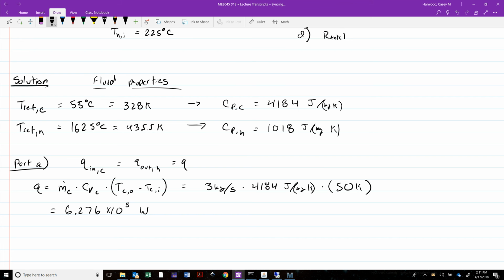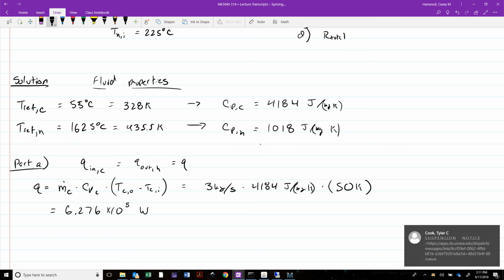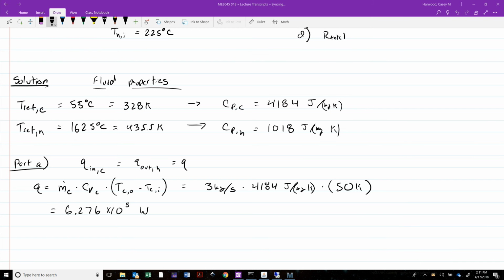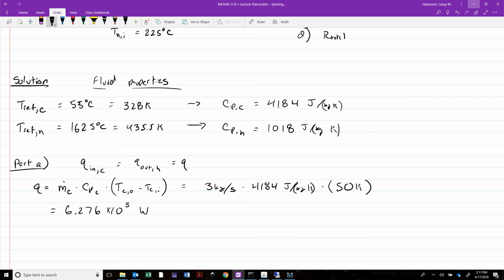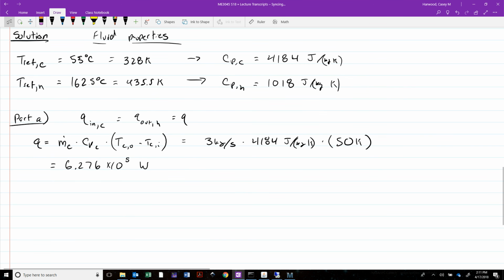We're talking about heating water, which has a high heat capacity, up by 50 degrees, and we're doing so to 3 kilograms of water every second. Okay, so this is a lot of heat that we are dumping into this water. And so from that, we would expect that we're going to see a pretty high mass flow rate of air required to accomplish this heating.